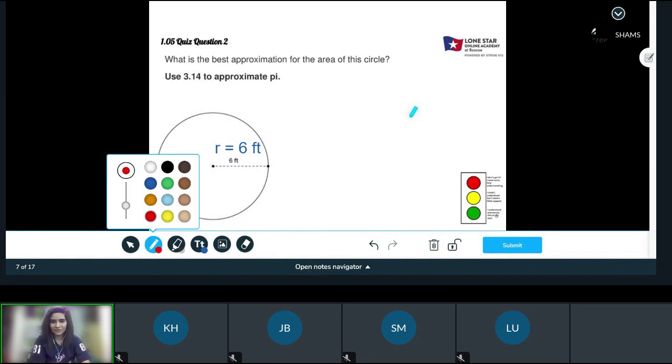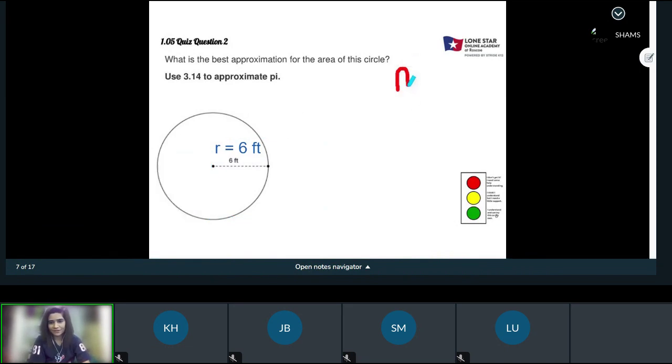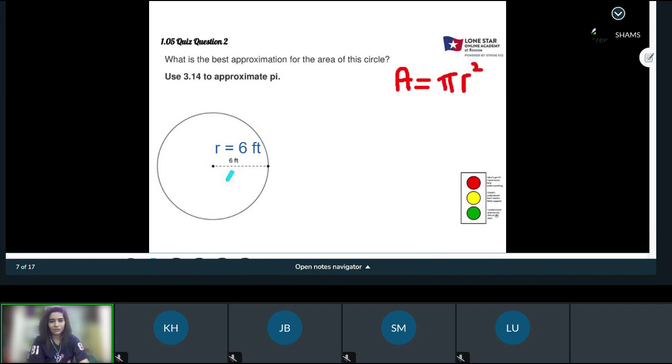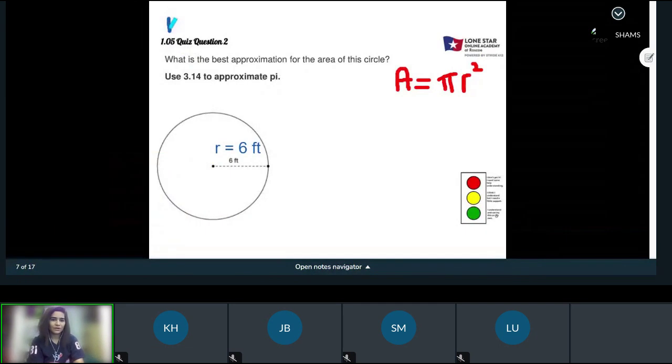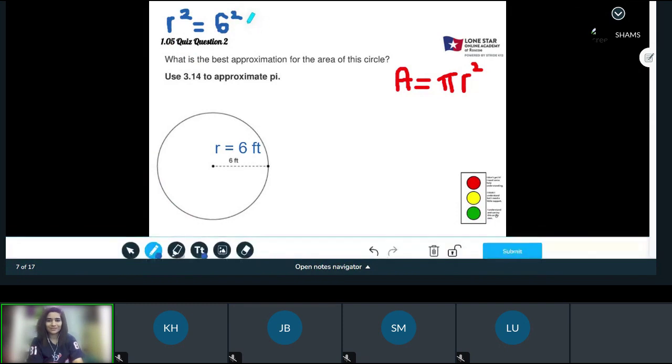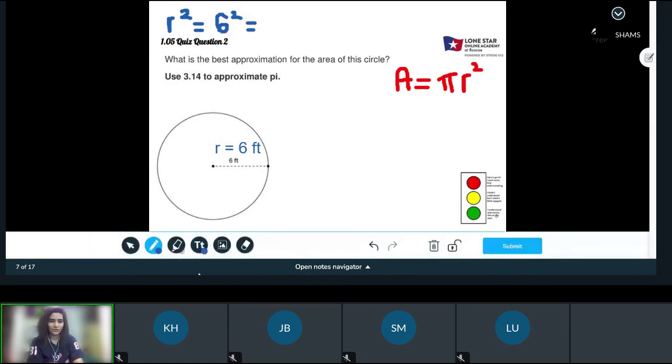Formula for area, I will again write here. Area is pi times radius squared. Make sure you will find radius squared first. That will make the question easier. Radius squared means square of 6, right? And how do you square 6? You do 6 times 6 to get square of 6.